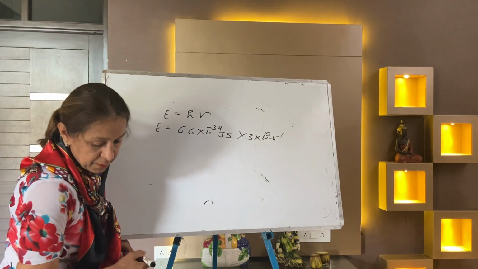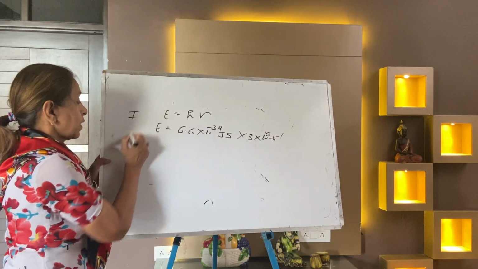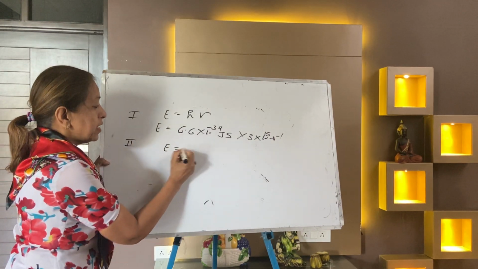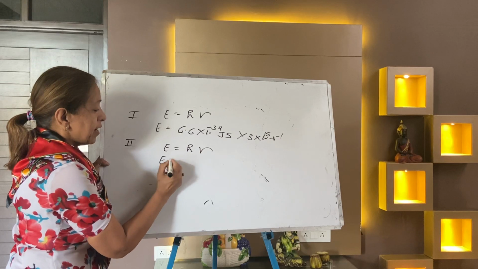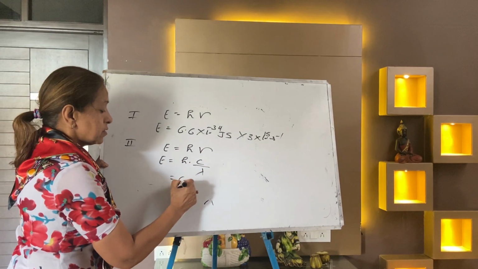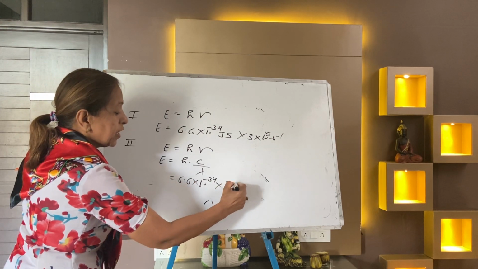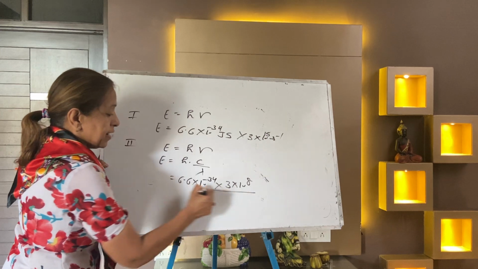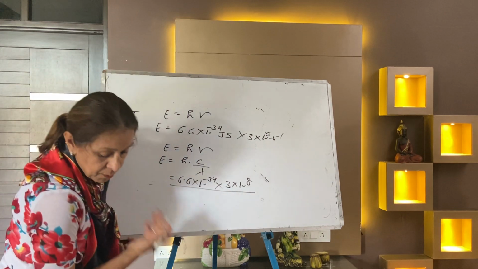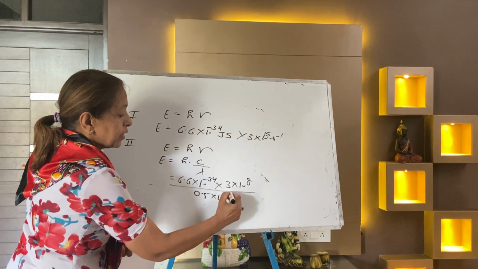Now the second part is again, calculate the energy. Now the wavelength is given. The same formula is applied. E is equal to h nu, and nu is C by lambda. So h is 6.6 into 10 to the power minus 34, C is 3 into 10 to the power 8, and lambda, whatever lambda is given, put it in, it is 0.5 into 10 raised to power minus 10 meters.